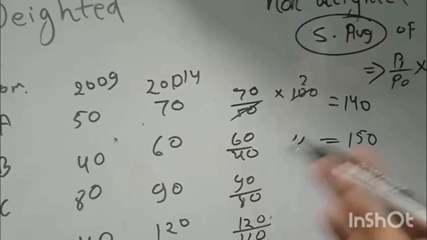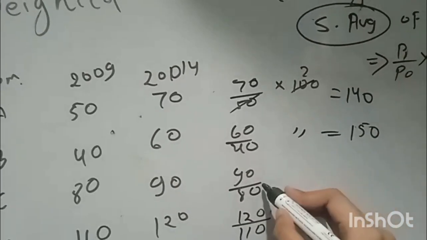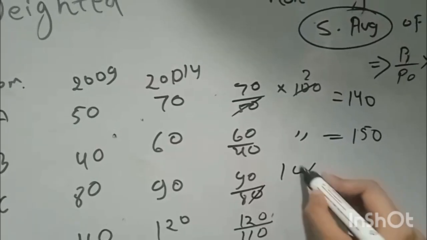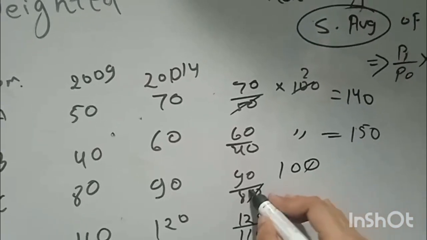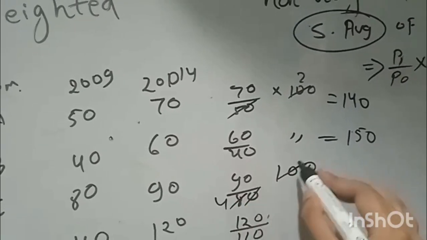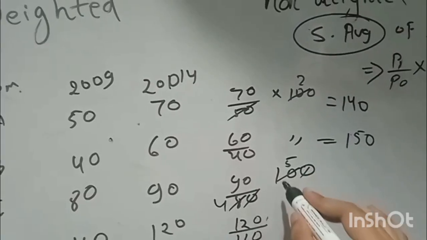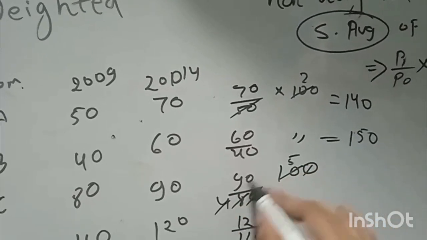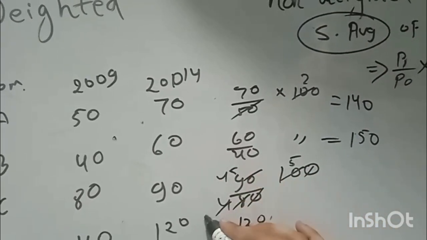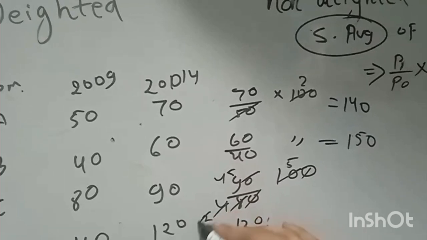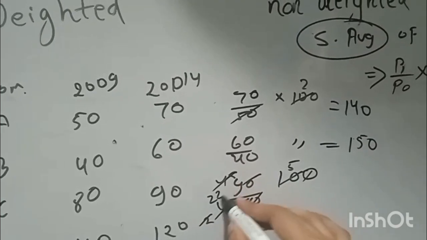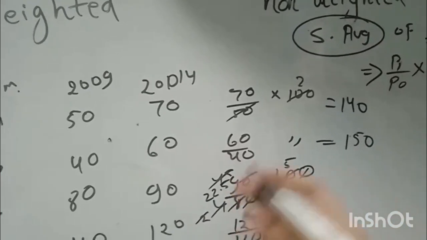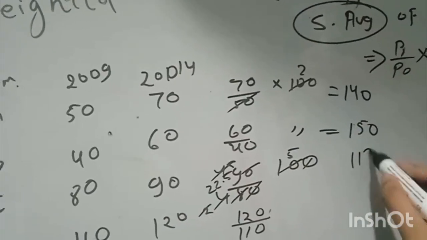So if we write it here, 4 upon 5 and then 45 upon 2 and then 22.5 into 5, 225, half of 2, 112.5 if I'm not wrong.